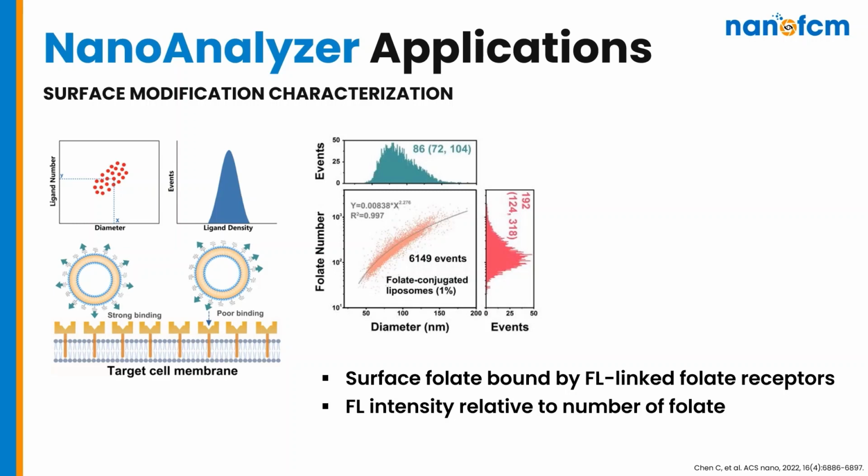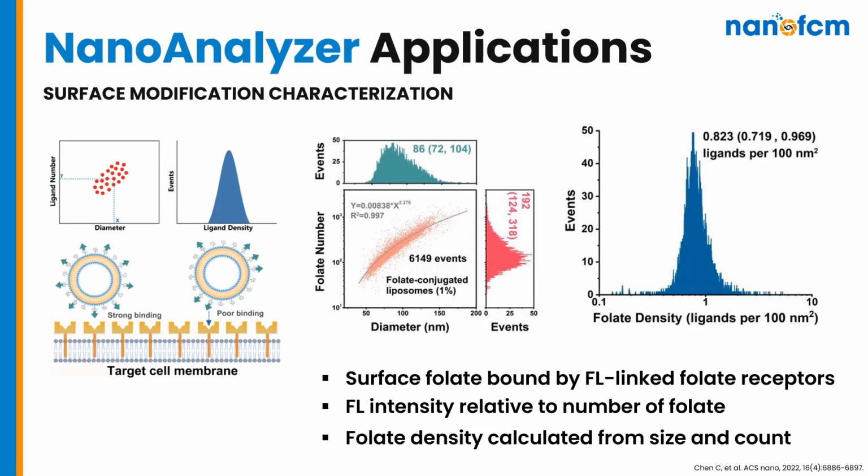So it seems related that the larger surface area particles have more folate molecules entrained in them. How many is that? Using the size and count data for the number of particles, along with the intensity of the folates, we arrive that there are 0.8 folate ligands per 100 nanometers squared of liposome area.